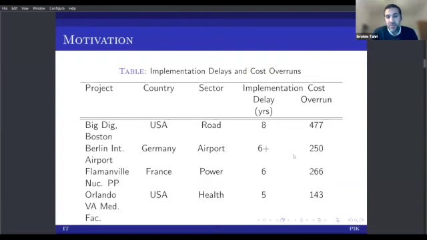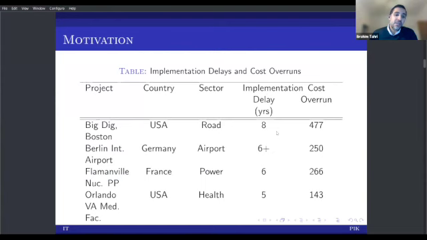For instance, we have the Big Dig in Boston, and I think it took more than 8 years, and the cost overruns reached almost 477%. You also have the Berlin airport, which is also a famous case, and other projects.